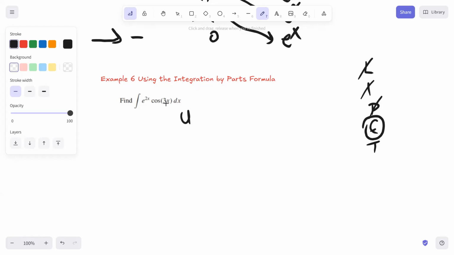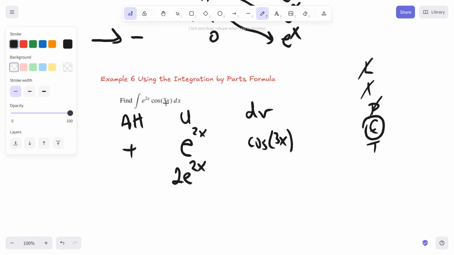So u is going to be e to the 2x, and dv is going to be cosine 3x. So we start with alternate signs, plus. So we take u, the derivative is going to be 2e to the 2x. Derivative again is 4e to the 2x. Then we would have 8e to the 2x.